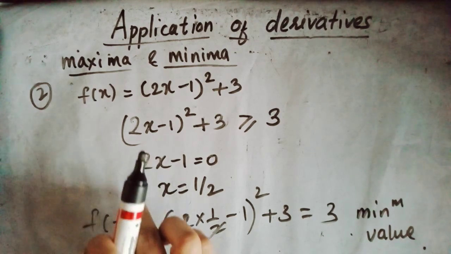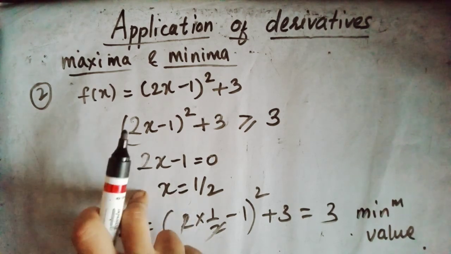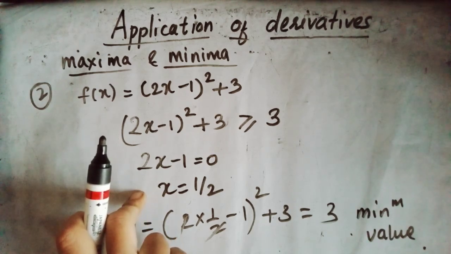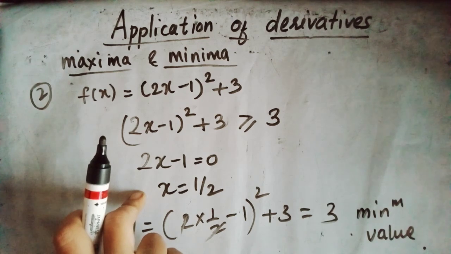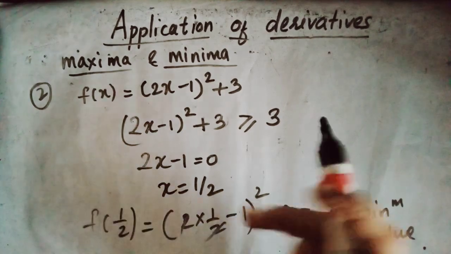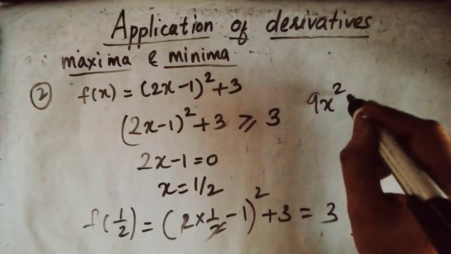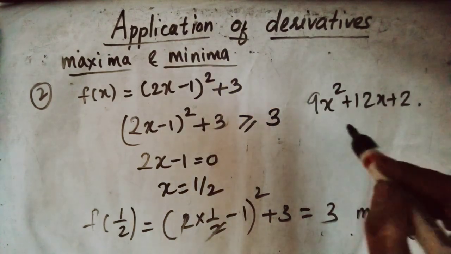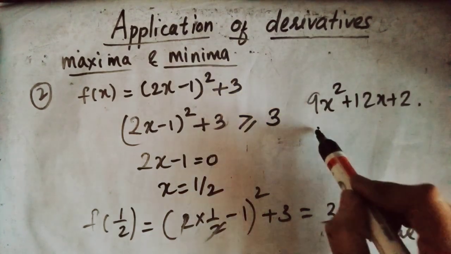So this is a problem from exercise 6.5. Second one also have a 9x square plus 12x plus 2. So you have to write it in terms of (a plus b) the whole square. Okay, so this is 3, right?